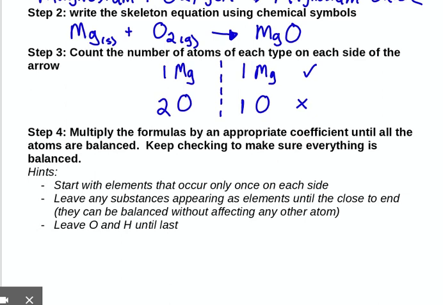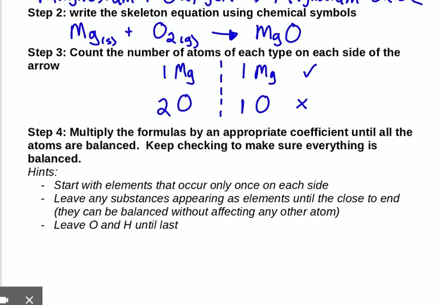This one's a very easy example, so they both only occur once. Leave any substances appearing as elements until close to the end, because they can be balanced very easily without affecting any other atom. And then the other trick is to leave oxygen and hydrogen until the end. Usually, if you balance everything else out, the oxygen and hydrogens end up getting balanced.